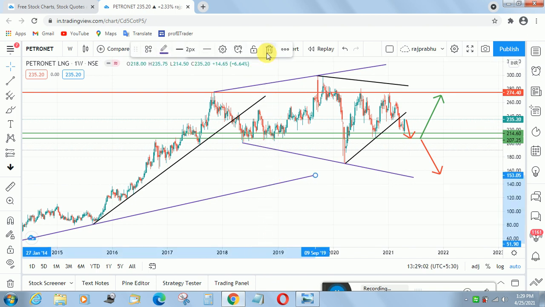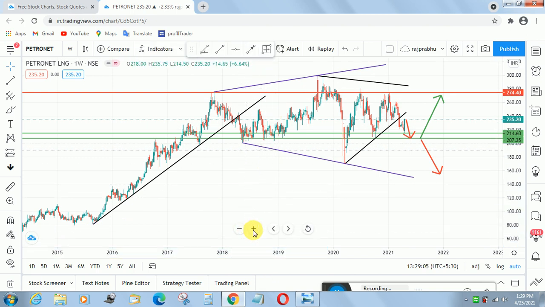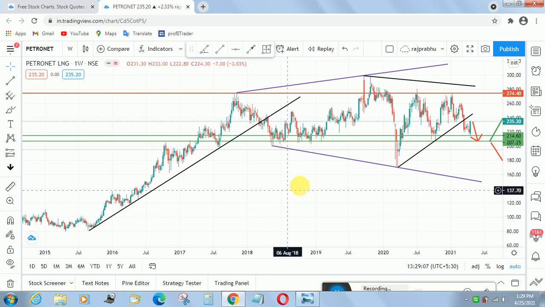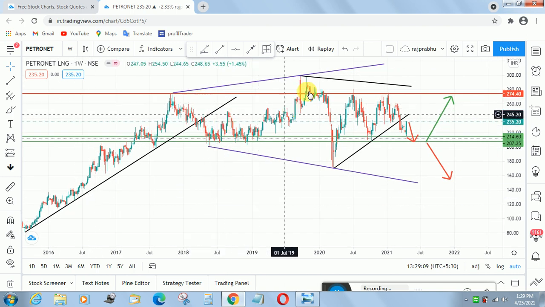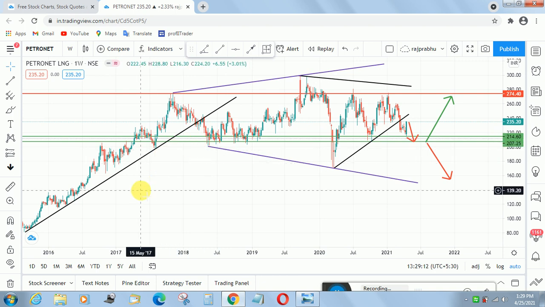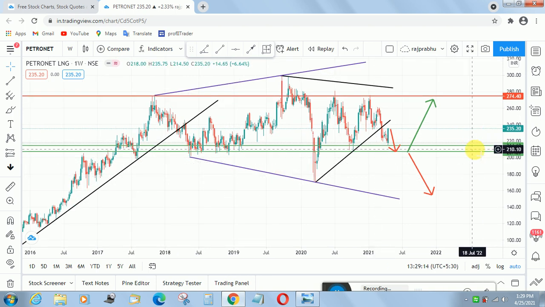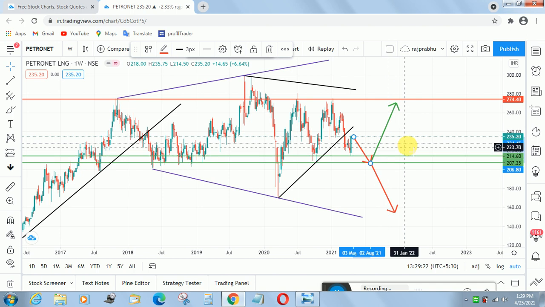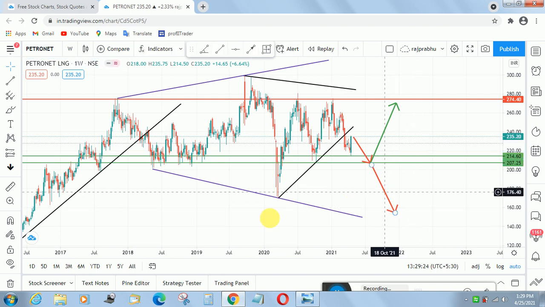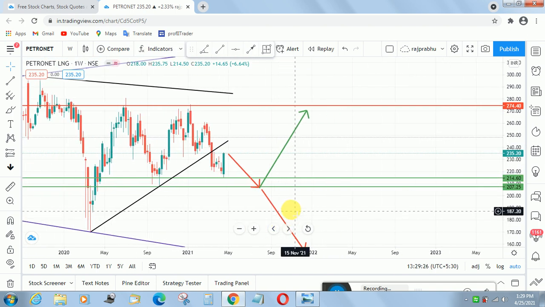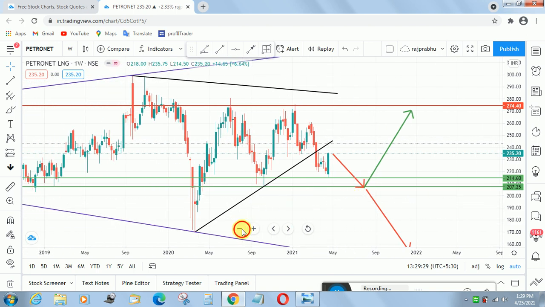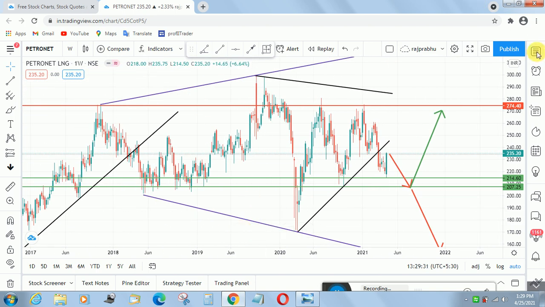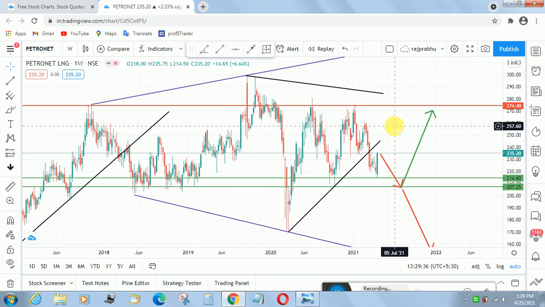I'm going to remove this line. This pattern looks like a flag pattern. There are many chances the market may fall. It will show you the direction of the downside. It's a simple method to find a trend. This trend line helps to find the trend.